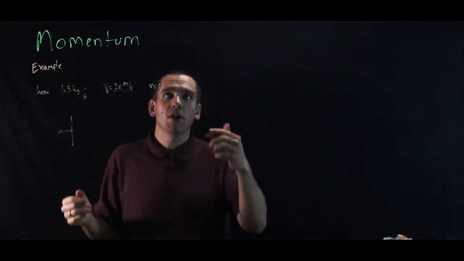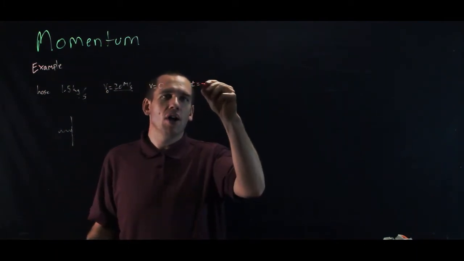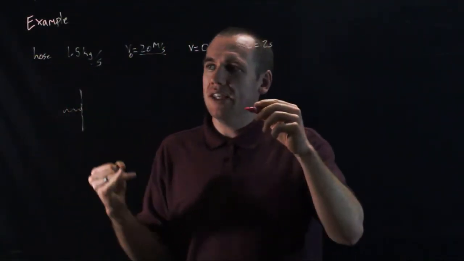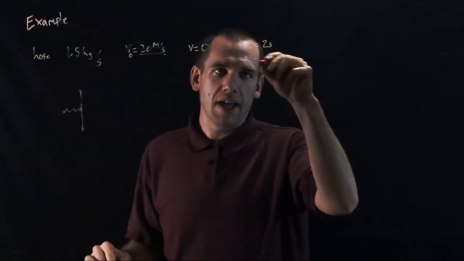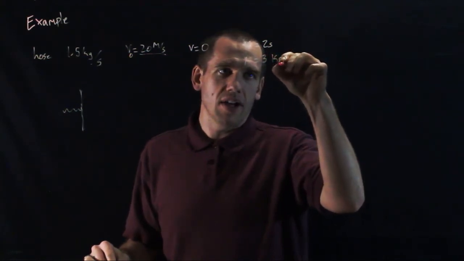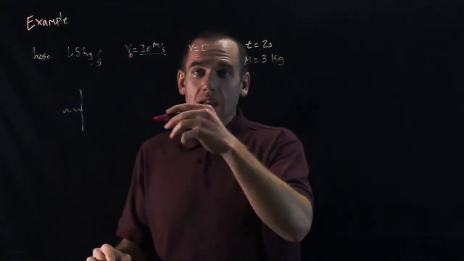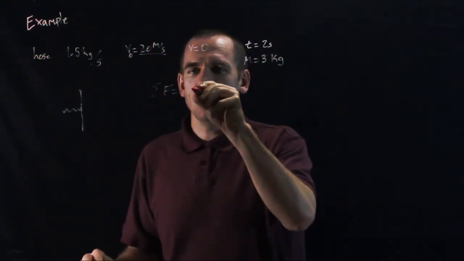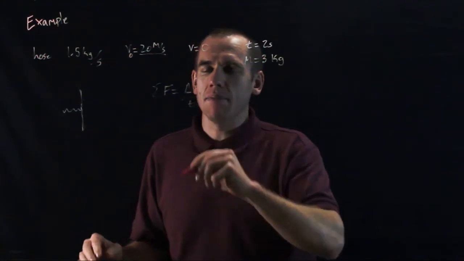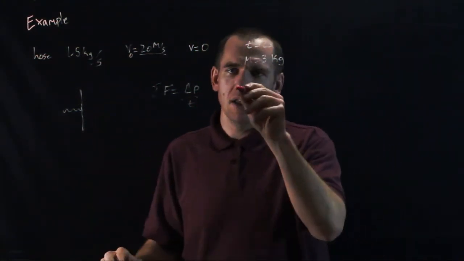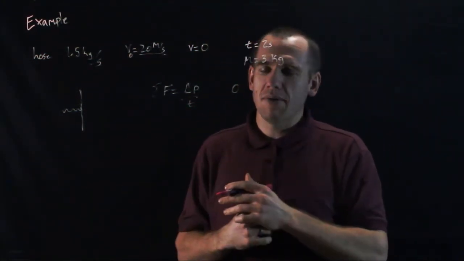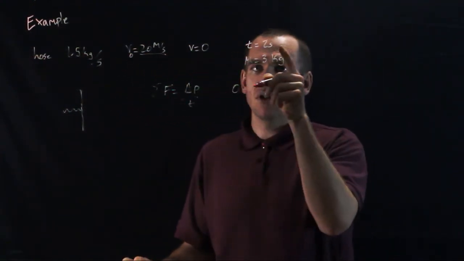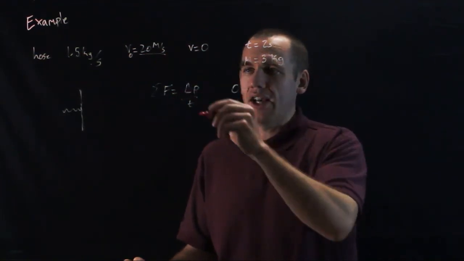So let's pick a time. Let's say that I have a time of 2 seconds. So in 2 seconds, I can see that 3 kilograms of water will be delivered. So our mass is 3 kilograms. Now from that, I can use Newton's second law for momentum. Net force equals change in momentum divided by time. Now the final momentum is equal to 0. This is the momentum of the water. The initial momentum is 1.5 times 2, so that's 3 kilograms, times its velocity, 20.